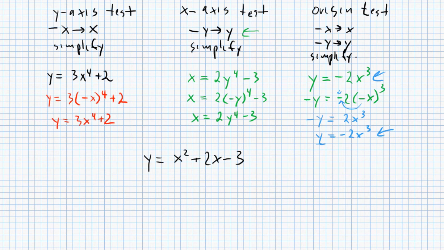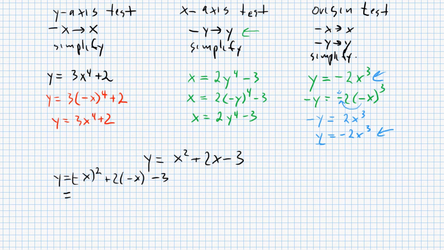Okay, let's try the x-axis test, or we'll do the y-axis test first. So we'll put opposite x in for x. So y is equal to opposite x quantity squared plus 2 times opposite x minus 3. So you see I put opposite x wherever we see an x. Okay, we simplify it.